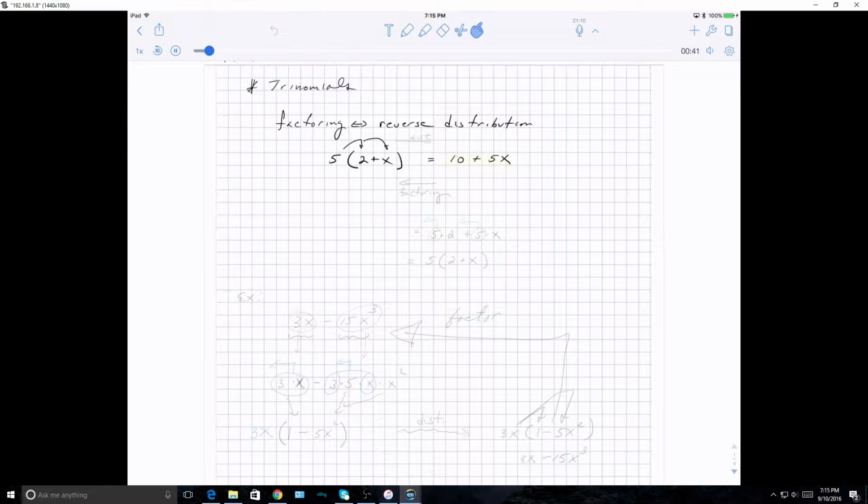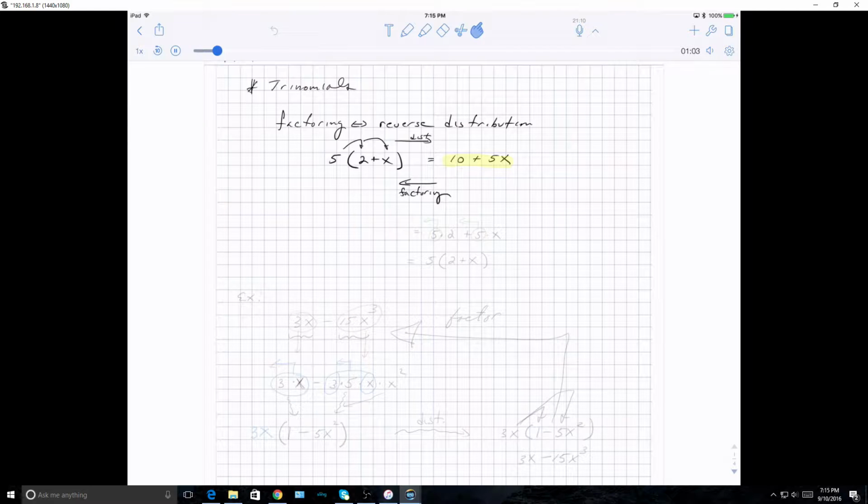Now, if this is the distribution, then if we go backwards, we're just doing the factoring. And what you can notice about this expression is that both terms have a factor of 5 in it.